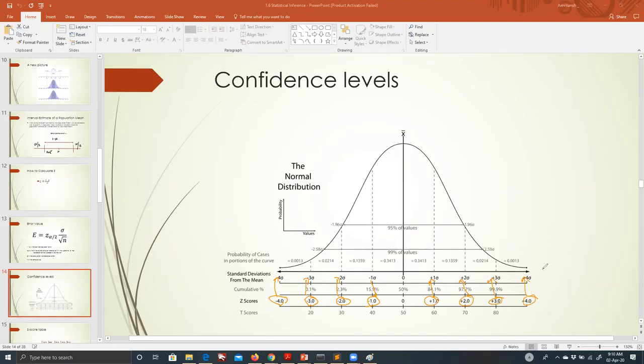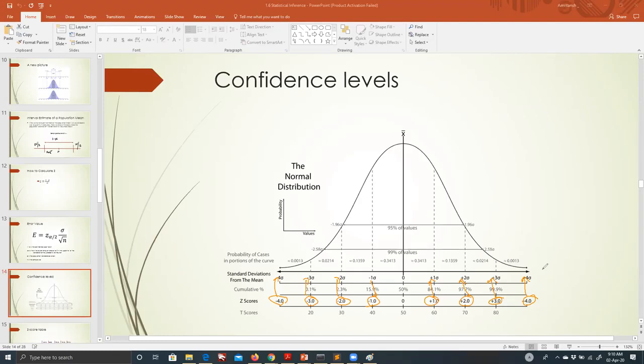So you get the idea what z-score is? Now these are standard values.